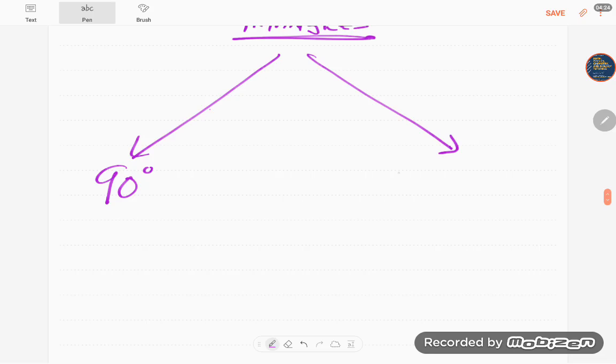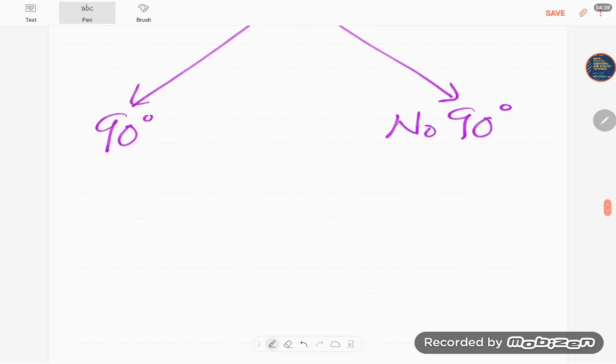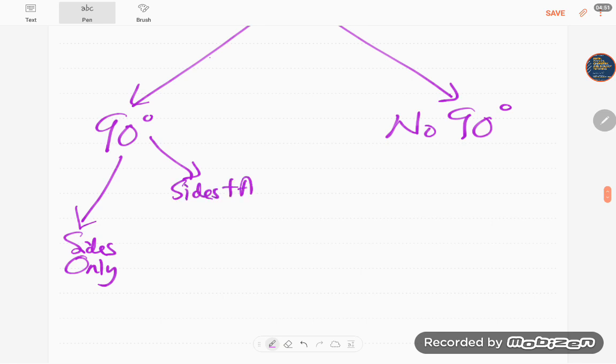Whether I have a 90 degree or no 90 degree in the triangle, there's already a couple of things that you should be able to work with, and some things that you need to remove already, because when you have a 90 degree, there's a couple of theories that work with that. The next thing you need to ask yourself when you have a 90 degree is whether you have sides only or sides plus angles.